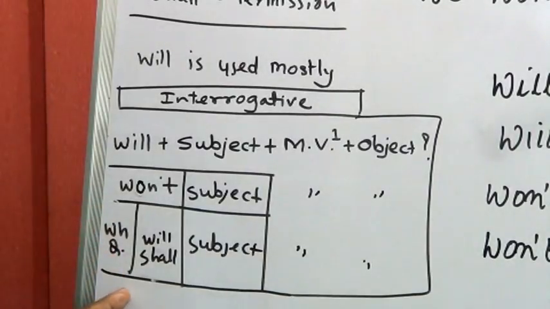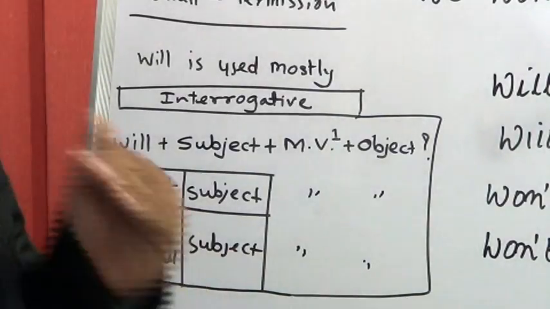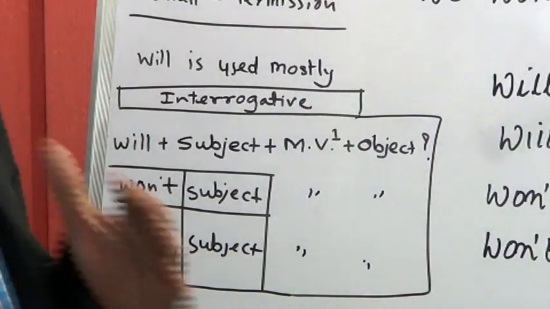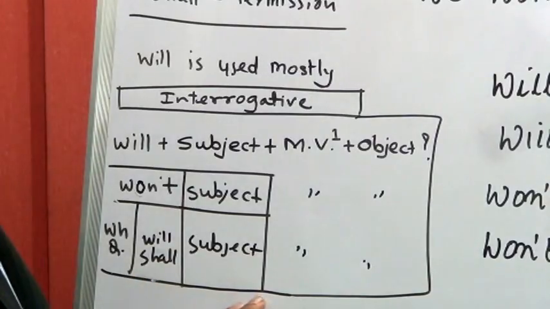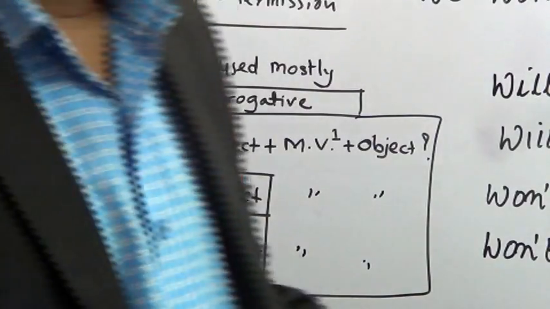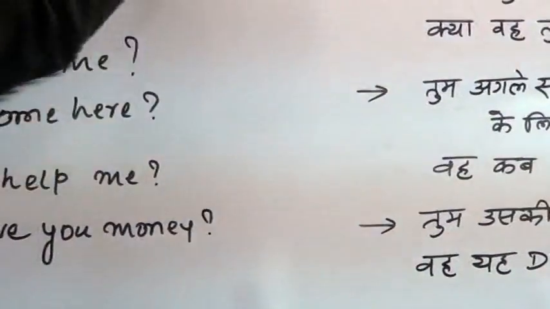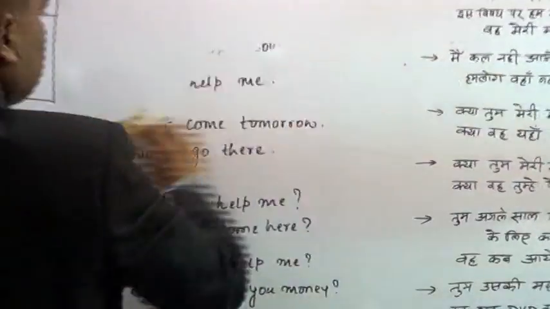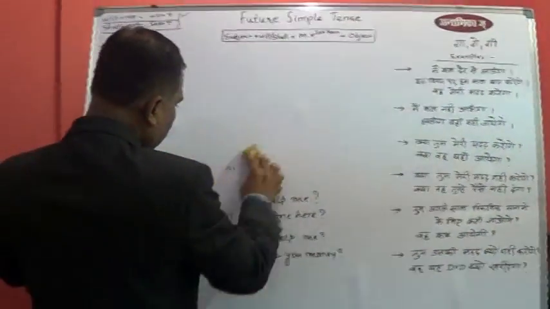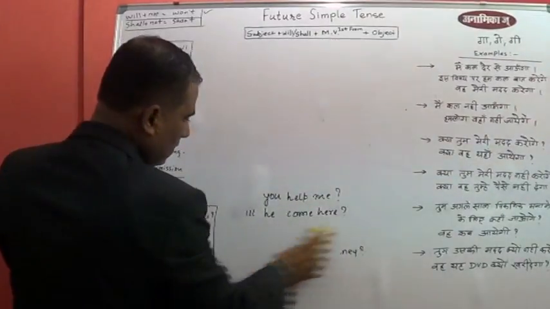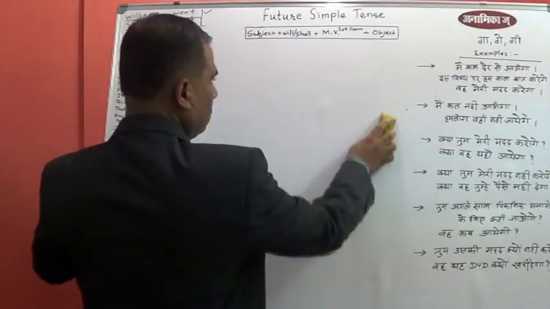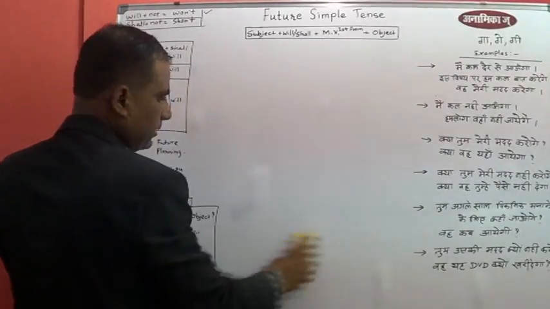So this WH can be anything like where, which, whom, why, how, etc. So with the help of this structure, we can frame WH questions as well. So here we will see with the help of certain examples how to frame WH questions so that we can get the appropriate answer in future simple tense.